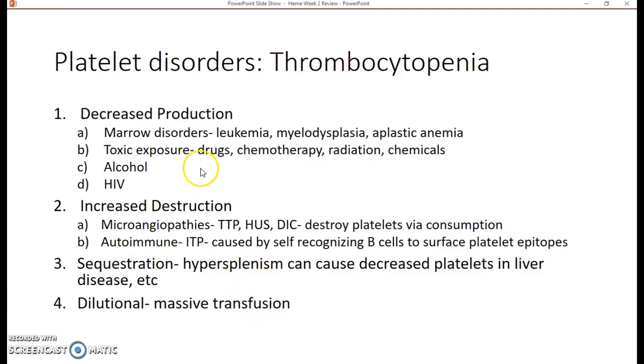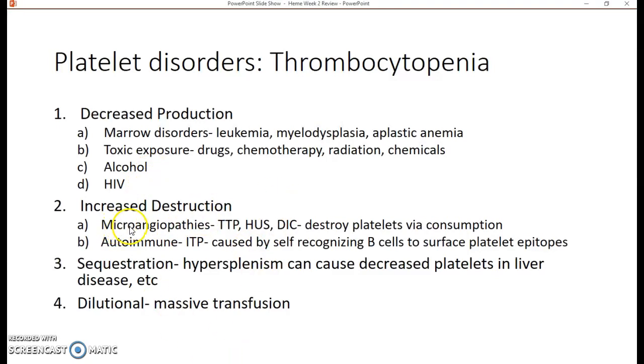So with the decreased production, anything that's affecting the marrow, obviously, any toxic exposure that can cause a leukopenia or anemia can also cause a thrombocytopenia. Alcohol can affect platelet maturation and production. HIV can also, I believe, cause an autoimmune thrombocytopenia, but it can also cause just a decreased production as well, affect the marrow.